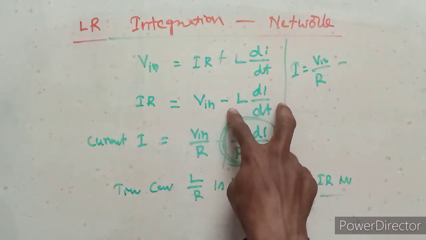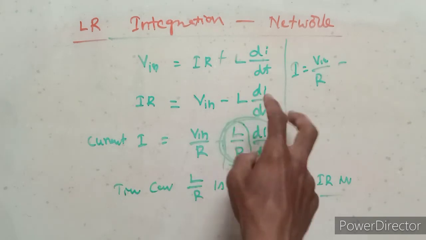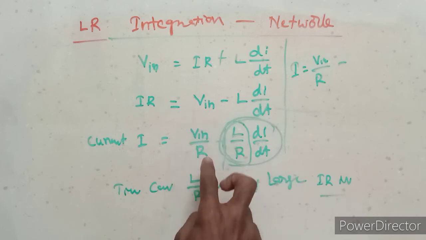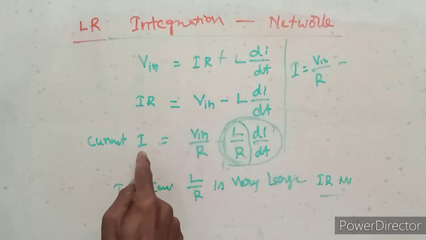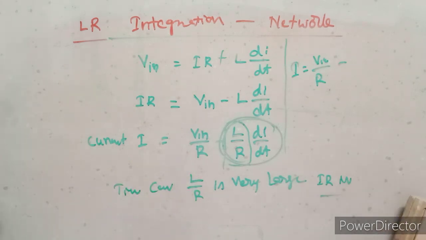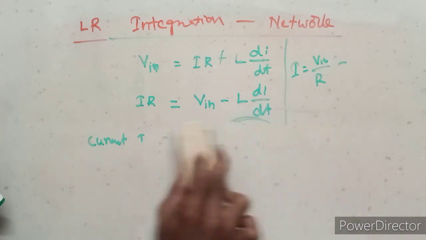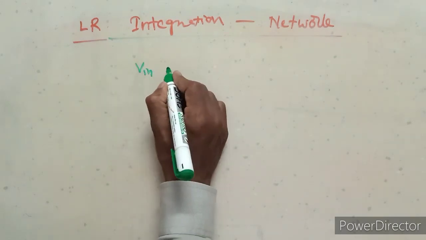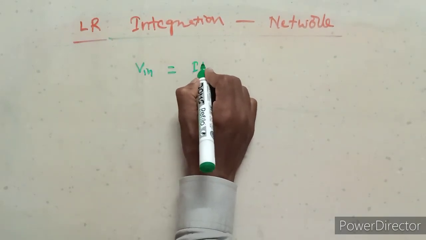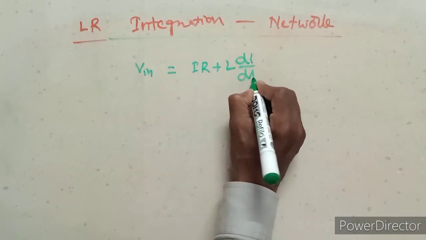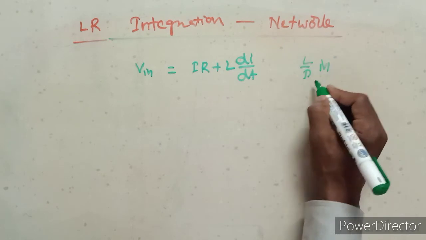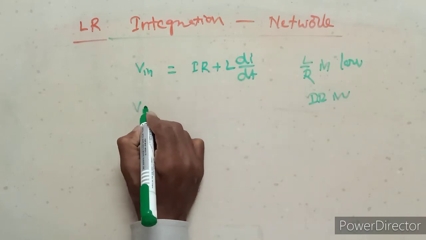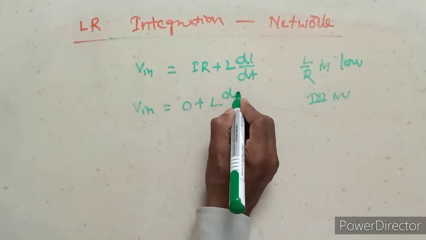Then the input voltage equals 0 plus L di upon dt.